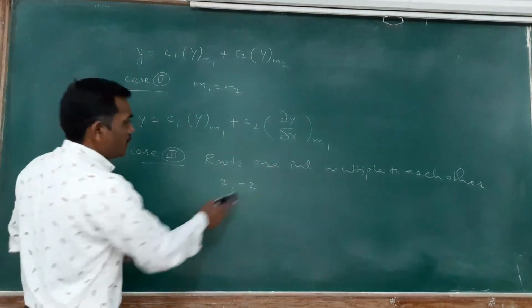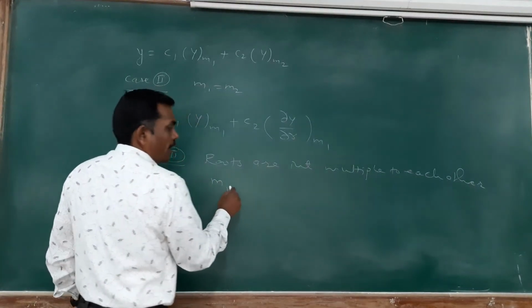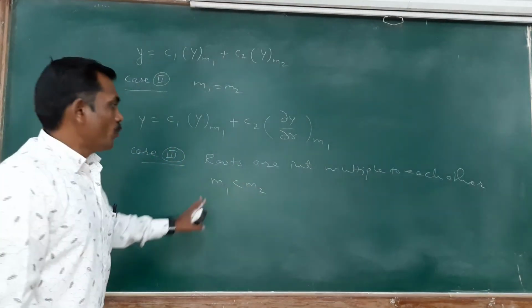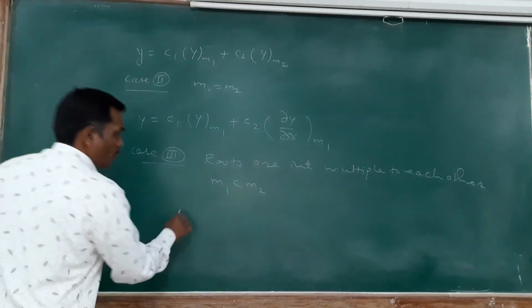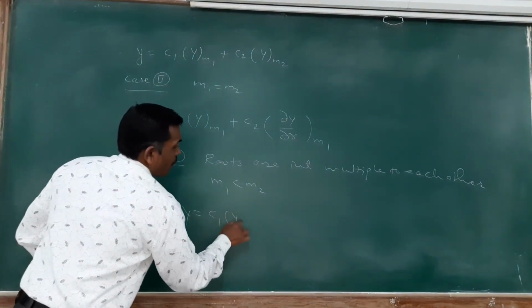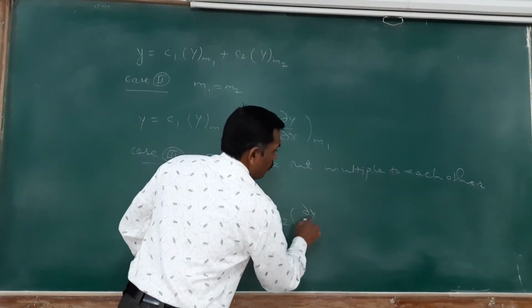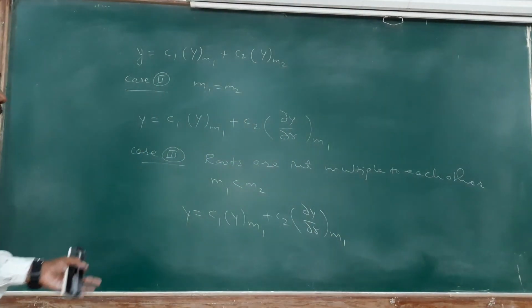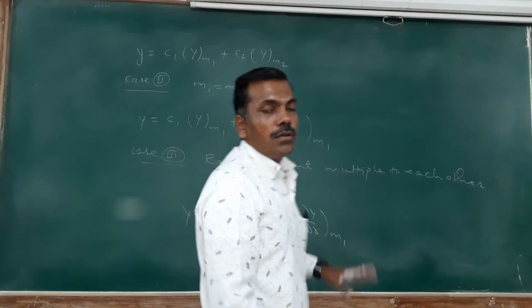When such a case happens, similar to the first one, first I have to decide which of m1 and m2 is less. Suppose m1 is less than m2. Then I consider the smaller root, and I can write y is equal to c1 y at m1 plus c2 dou y by dou r at m1. So this way we are going to solve the equation. Keep in mind m1 is our smaller root.